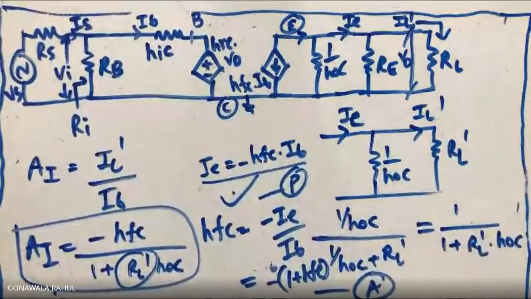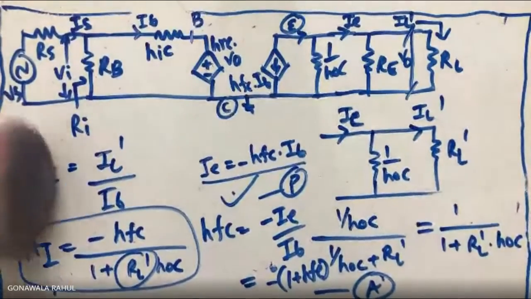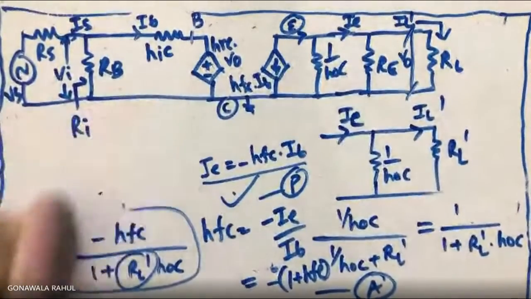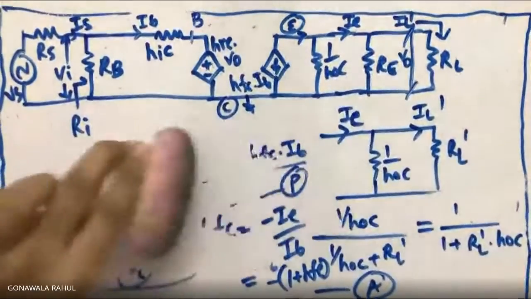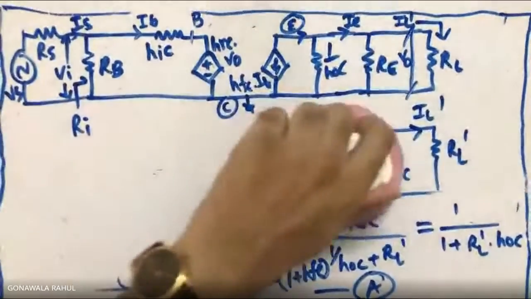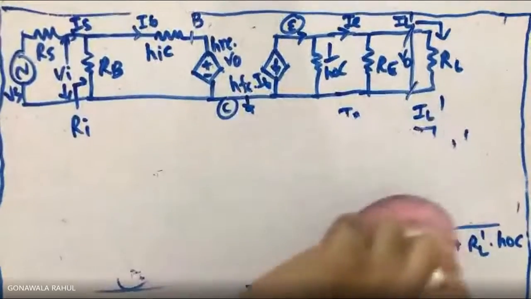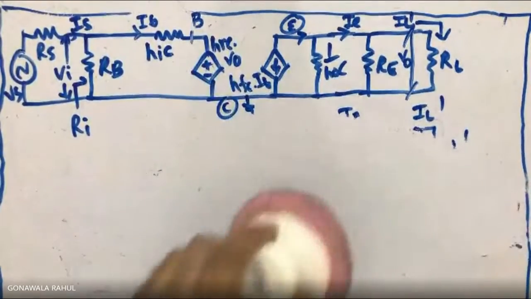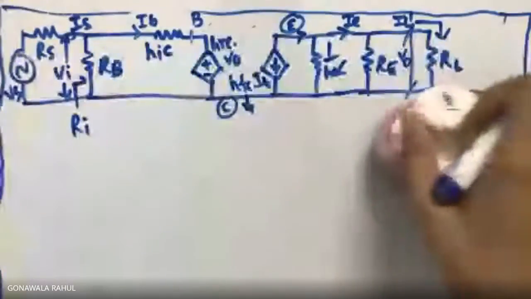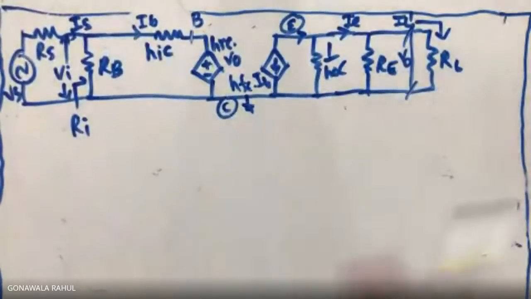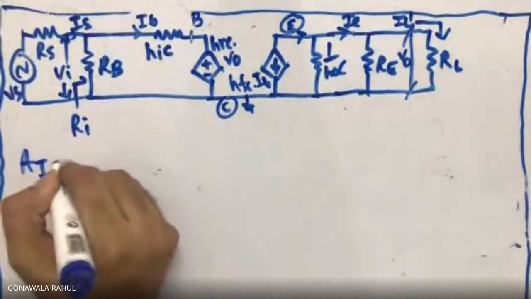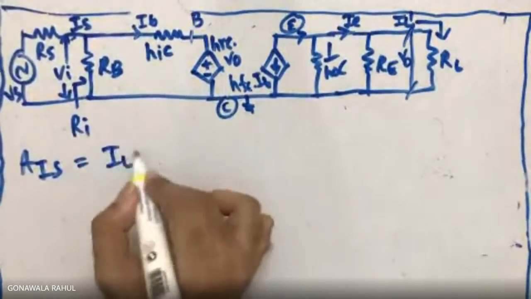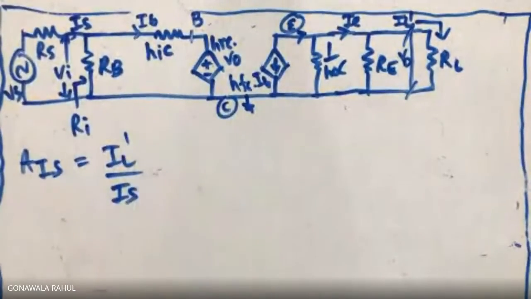Now we are going to derive the current gain for the overall circuit. That will be AIS, and that will be IL dash by IS.